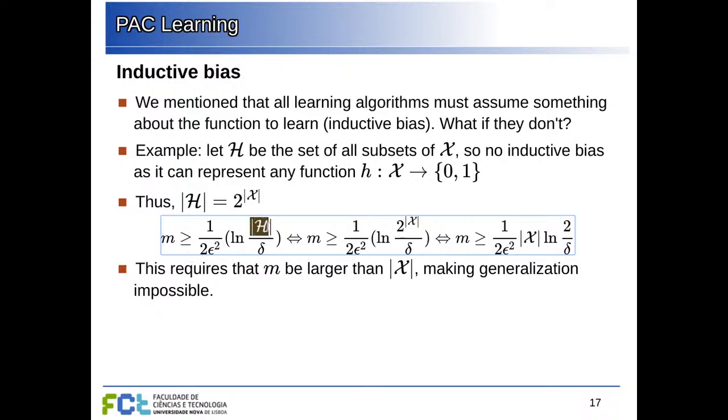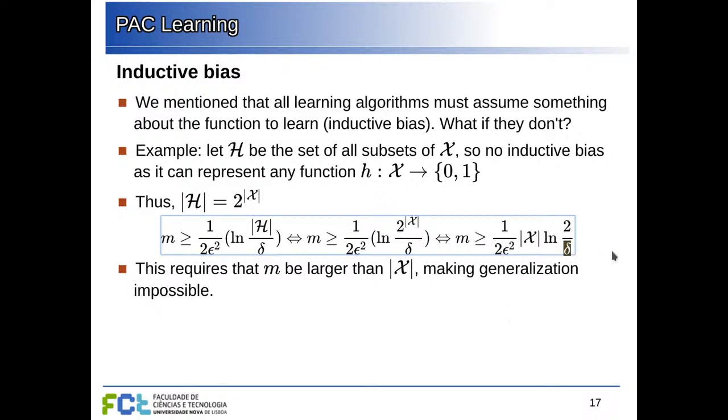And if we replace the size of the hypothesis class by this expression, and we simplify the expression, we reach this expression here at the end. So we need to have at least as many points in our training set as the total number of points in the universe of points, divided by 2 epsilon squared, and then multiplied by the logarithm of 2 over delta.